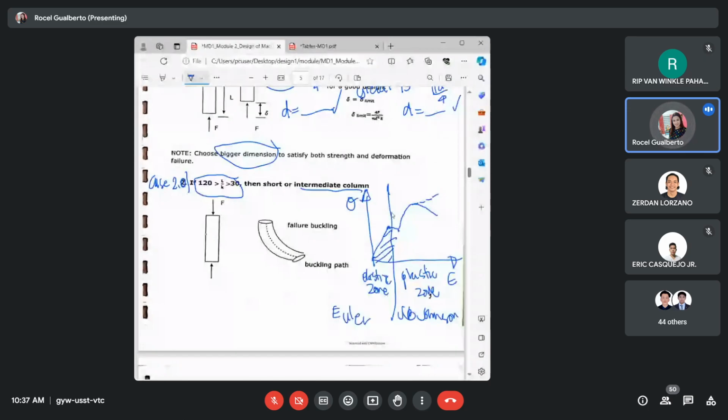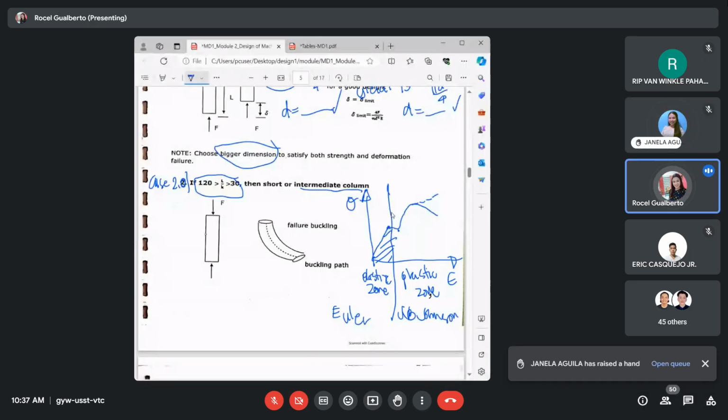So, bumabalik po, kahit po siya nagkakaroon ng deformation, pag ina-add po natin yung load, nagbabalik sa original dimensions po niya. Yun po yung atin na plastic zone. Ngayon naman po, we call it a plastic zone. Okay? If you have your sources, you have your material.